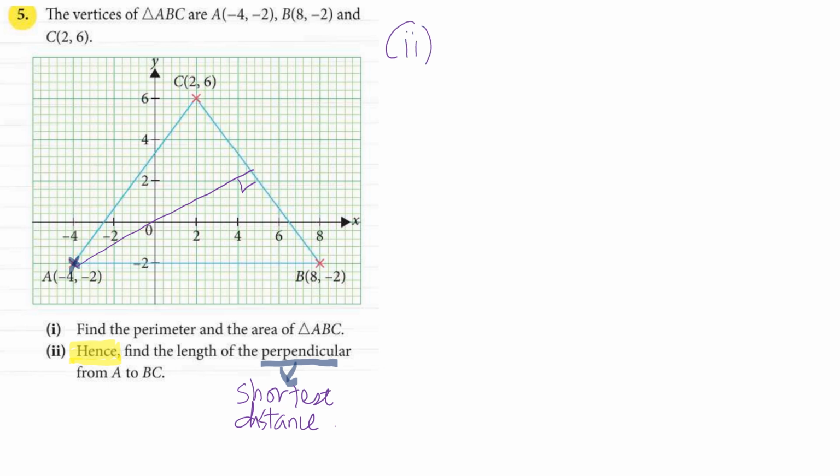Right. So to solve part 2, I'm just going to give you some recaps. If you have a triangle, and you're going to use this as a base, then that will be your height.